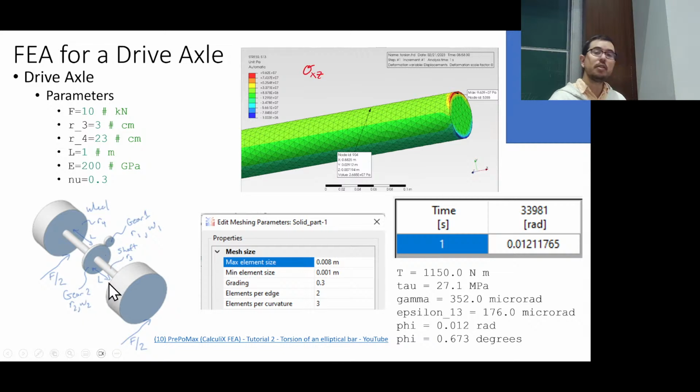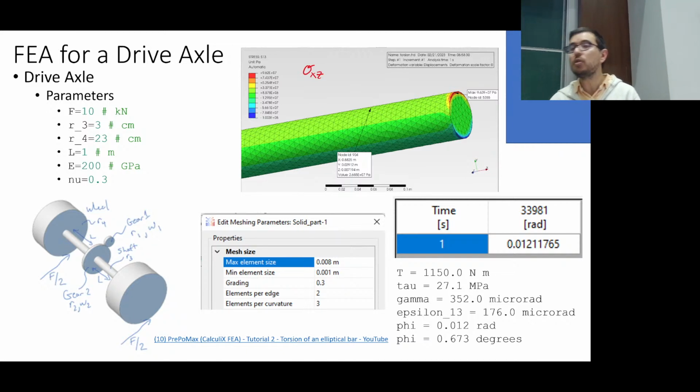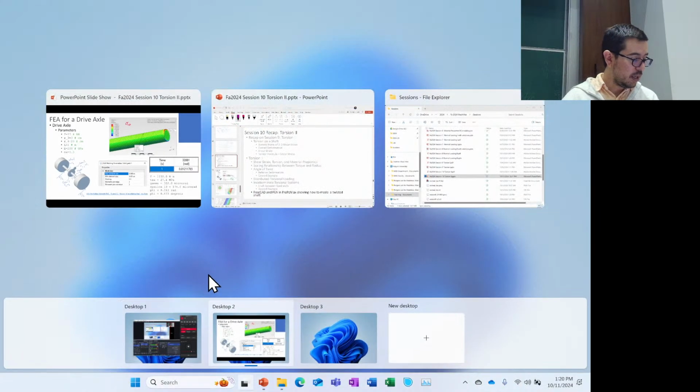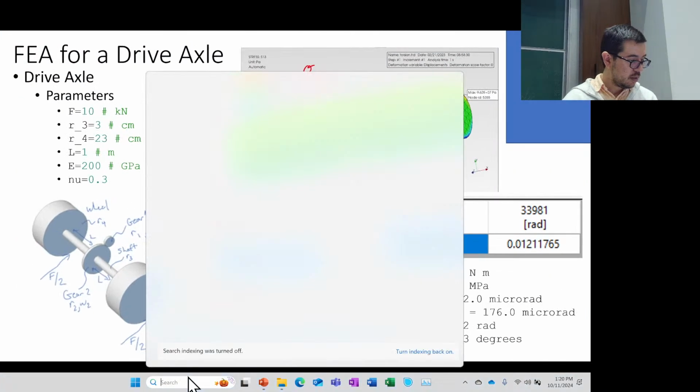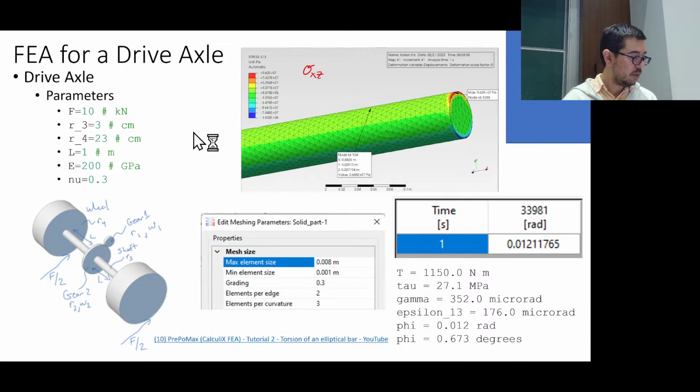We expect that this shaft will twist. Our objective with doing finite element analysis is to figure out what the shear stress is and what the shear strain is. So let me go ahead and bring up FreeCAD.